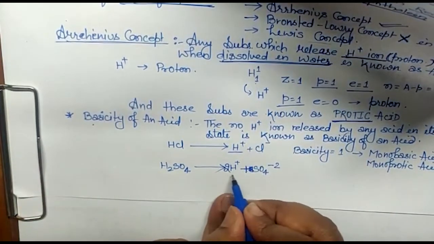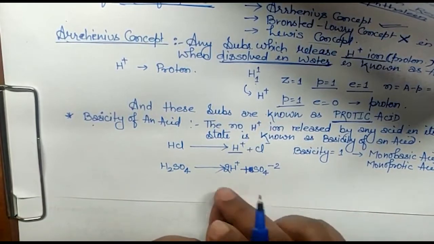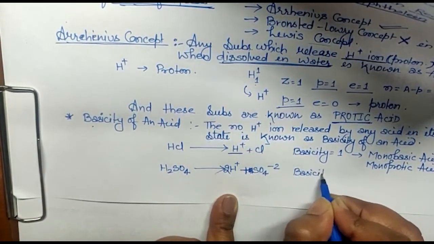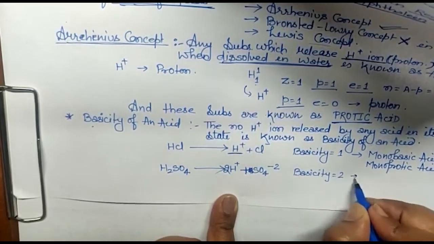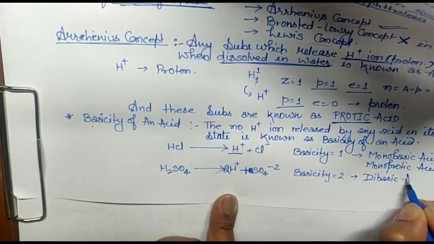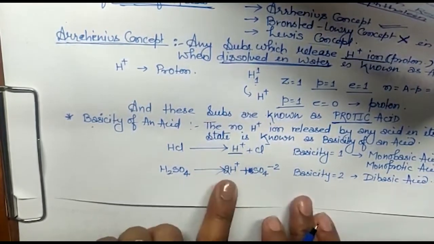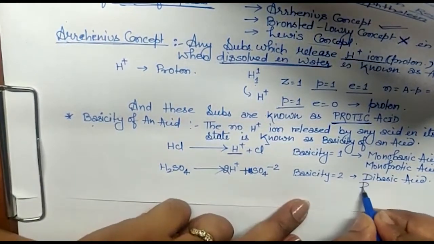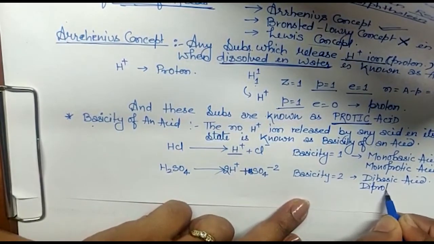So how many H+ is it losing? 2. So the basicity here is 2, isn't it? So it will be called a dibasic acid. And since 2 H+, that means 2 protons it is giving, it is also known as a diprotic acid.